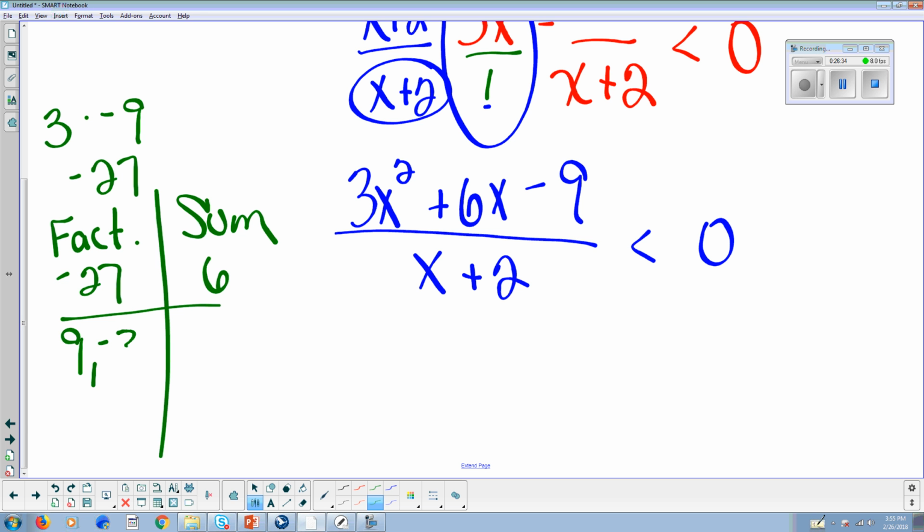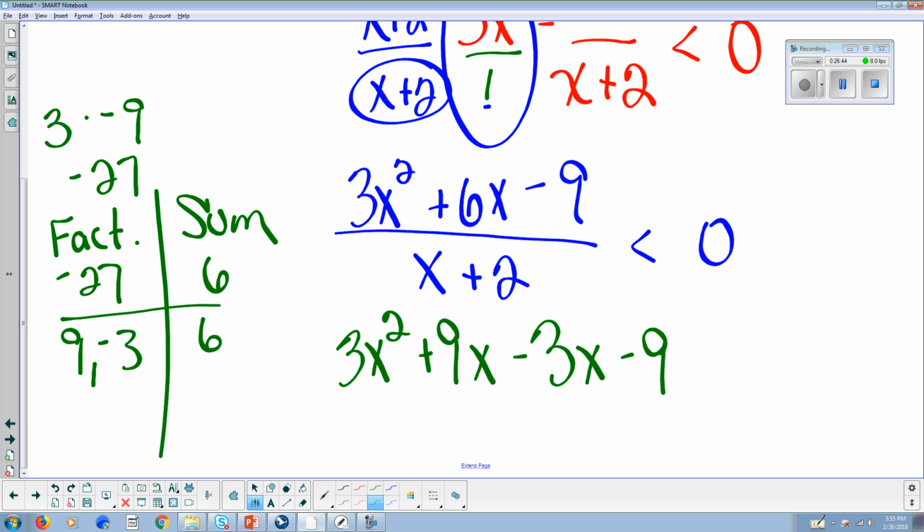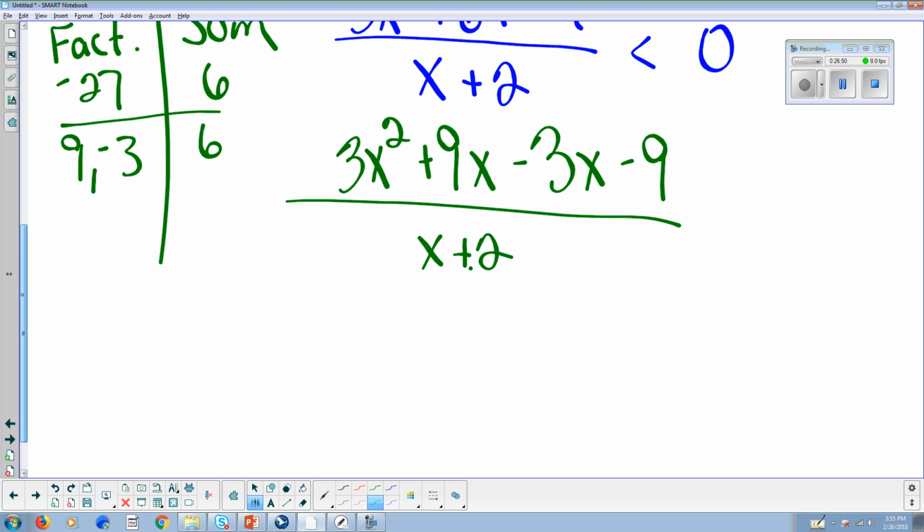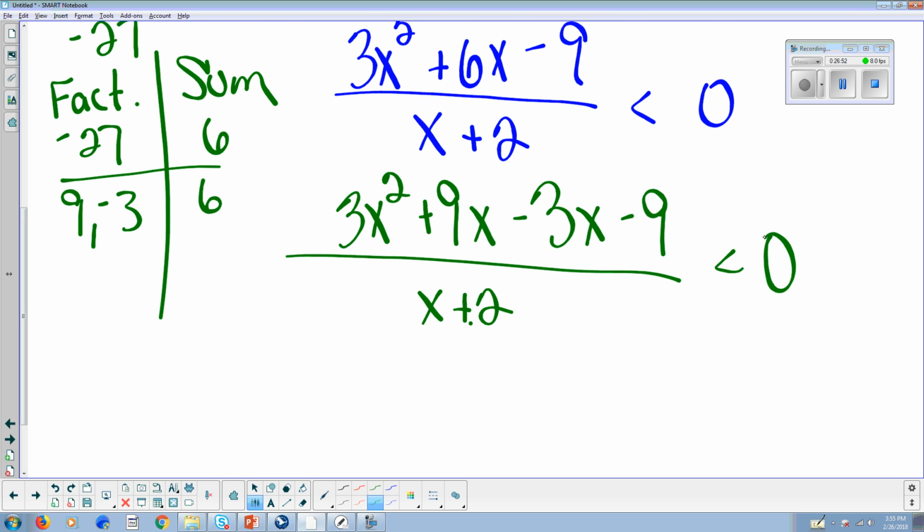Which would be 9 and negative 3? Yeah. So this should factor to 3x squared plus 9x minus 3x minus 9 over x plus 2 is less than 0. Now when I factor this, I got a group. So in my first group, there's a GCF of 3x.